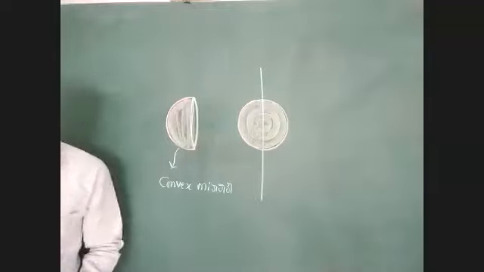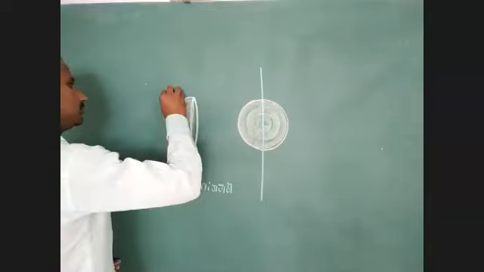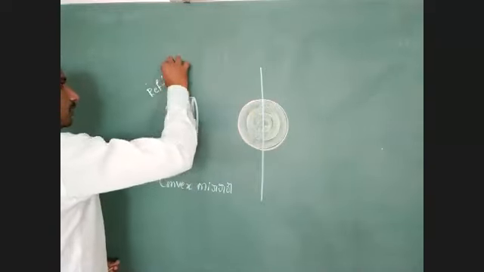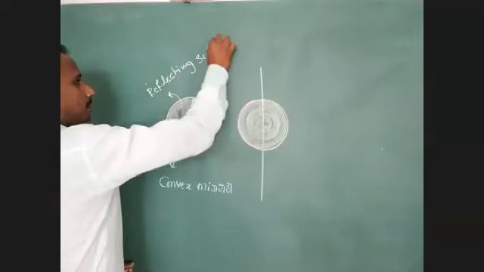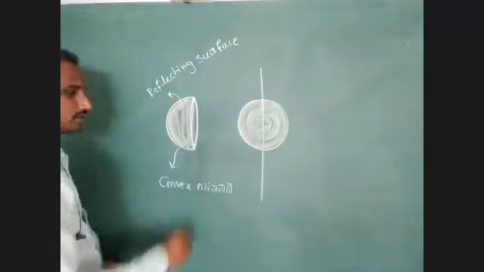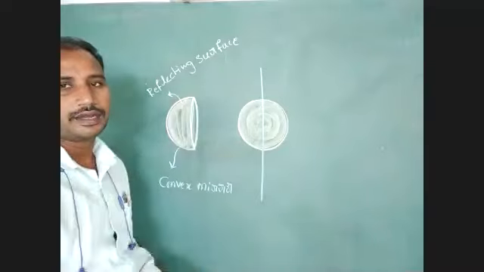So here we consider that surface as the reflecting surface. Okay, so here it is a convex mirror.